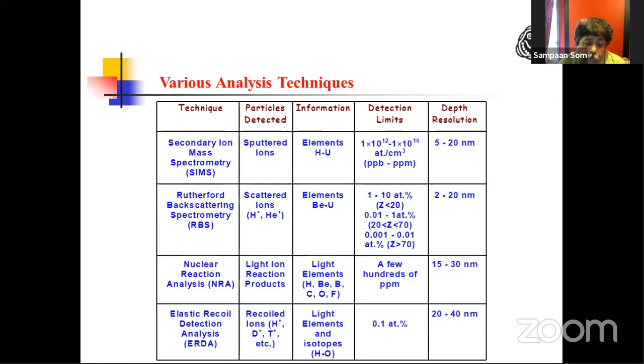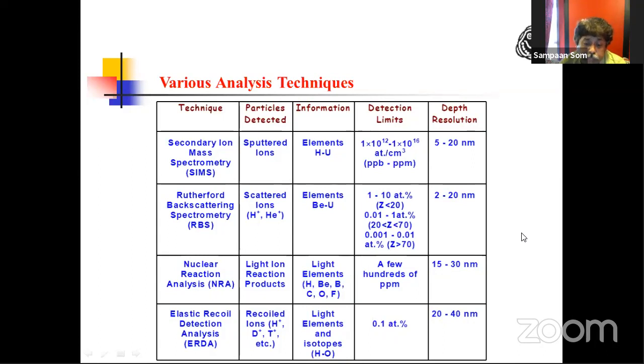And then elastic recoil detection analysis is a very dedicated technique, again using low energy ion beams as the projectile ion. They are used to detect recoiled hydrogen atoms and its isotopes, which is otherwise extremely difficult to quantify in an absolute fashion. This is made possible by employing elastic recoil detection analysis, where hydrogen, deuterium, tritium, everything, if they are present together in a material, can be detected in a non-destructive way with reasonably good sensitivity and detection limit.